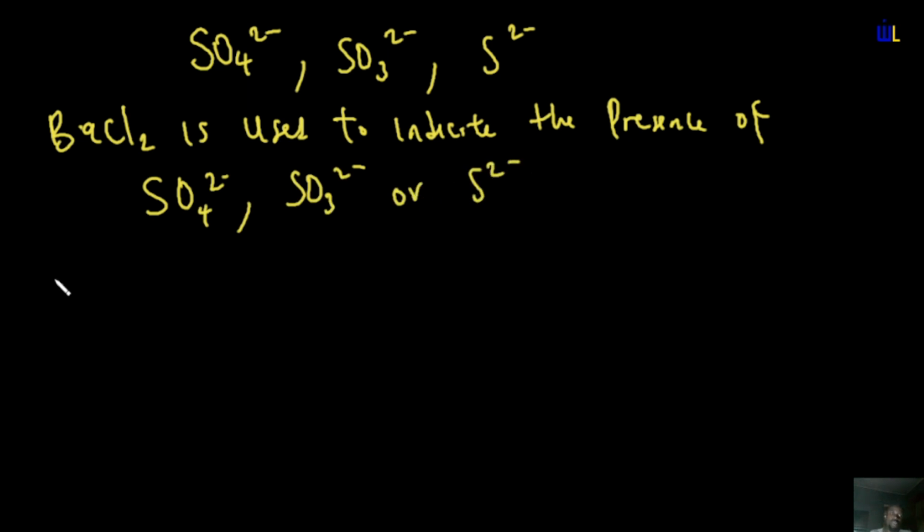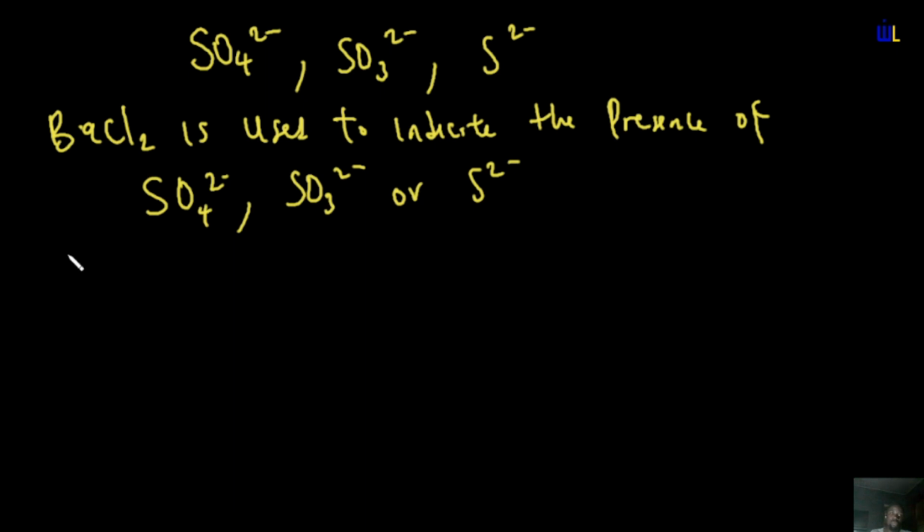Now, how does it work? The very first thing you need to know is that barium forms insoluble salts with all of them, which means that they will all precipitate, and the salts they are going to form are white salts. So just have that in mind, because barium is not a transition metal. So with that said, let's get to work.